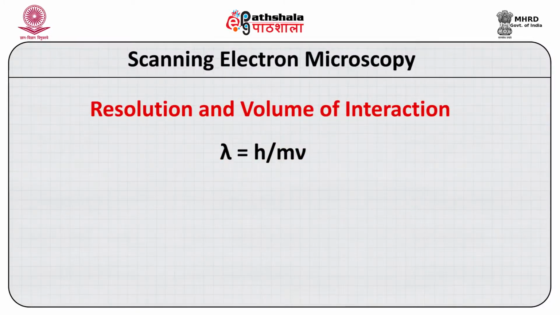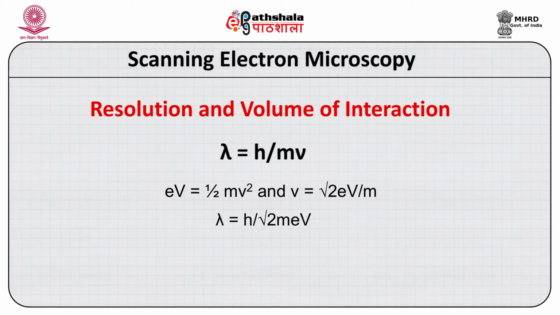Now, the velocity of an electron is dependent upon the accelerating voltage, and if we relate it here, then the velocity is expressed as under root 2eV by m. Thus, the wavelength of an electron beam can be given as lambda is equal to h by under root 2 m e V. Now, let us try to understand this in terms of certain numbers.